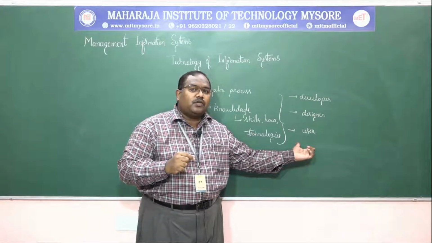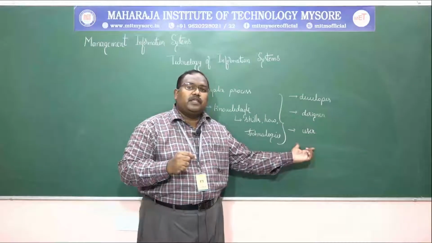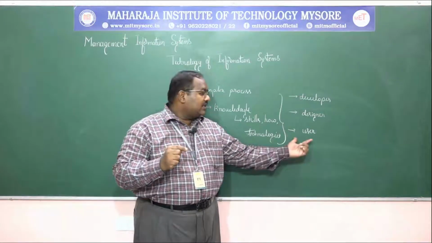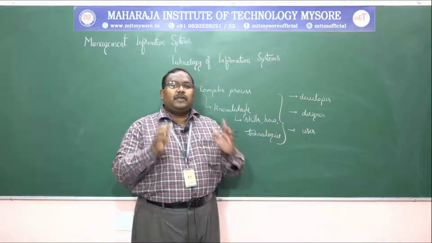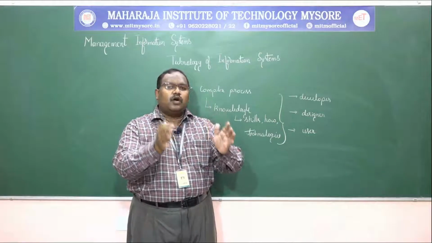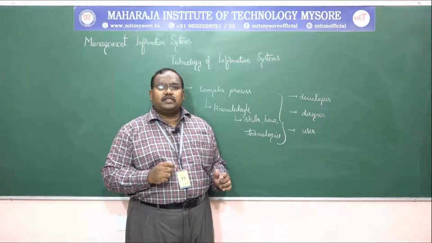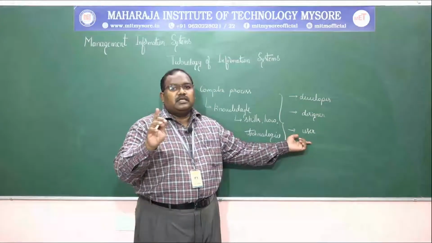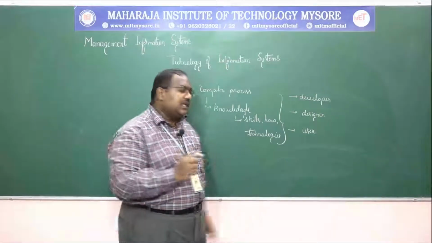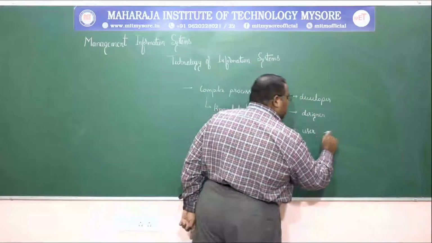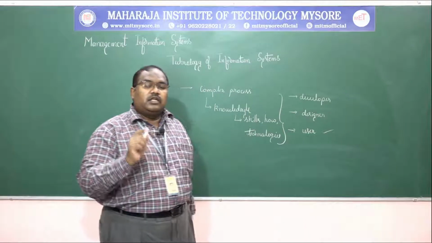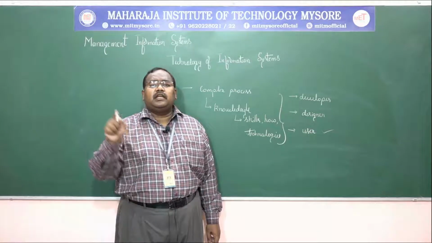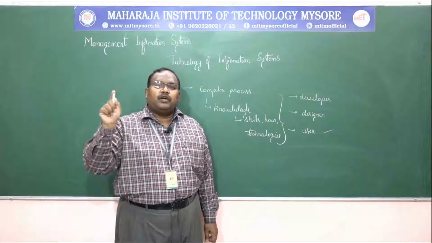When the user wants an information system, he should be thoroughly aware of what he requires, and he should describe it in such a way that he says exactly, this is what I am expecting in the information system. To say that, he should have a thorough knowledge of the system. That's why we say that of all three entities, the user should be very knowledgeable, he should be skilled, and he should know what kind of information is needed for his further development or future.